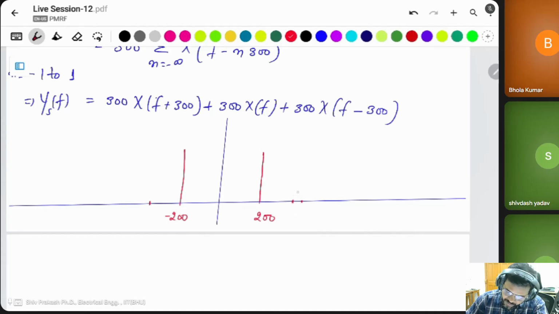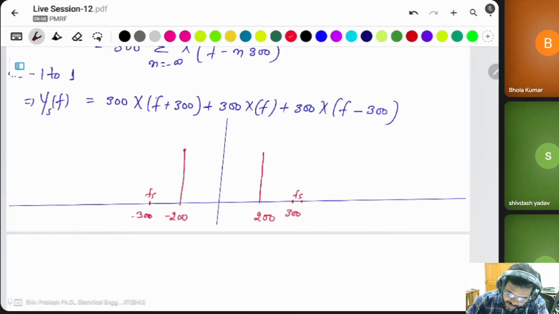Fs, you can say sample frequency, has 300 Hz. Sampling frequency is 300. Original signal minus 200, 200.